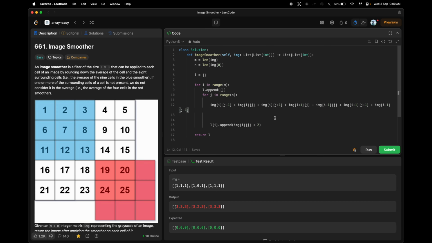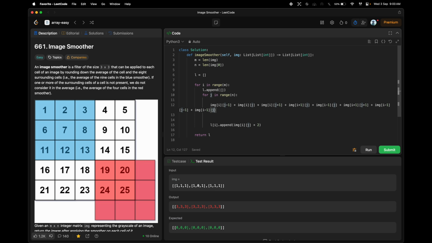That's correct. And then i minus 1 and j remain.